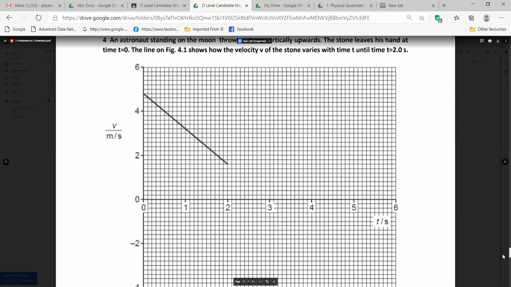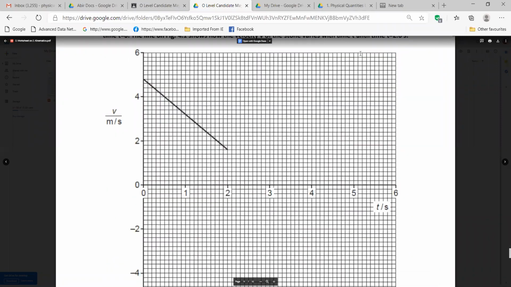Our graph shape will be like this. We are not saying exactly like that, but we think our graph will be steeper, right?